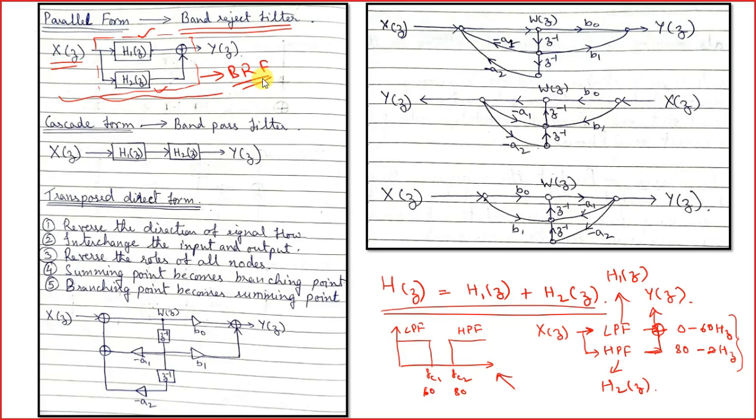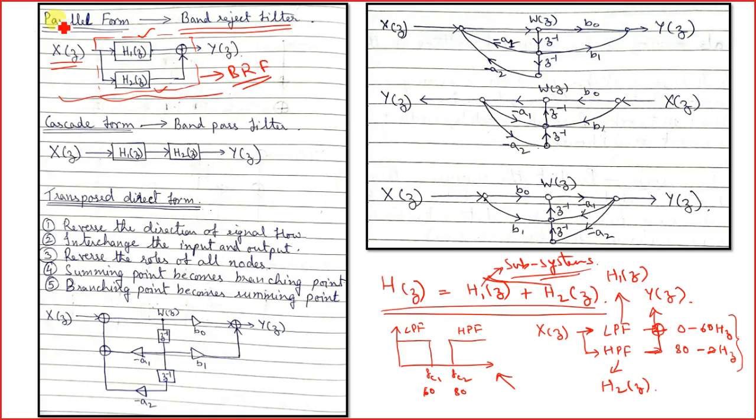Why? Over here, H1(z) and H2(z) are regarded as subsystems. Now these subsystems have been arranged in parallel.